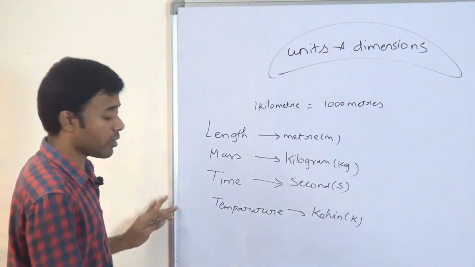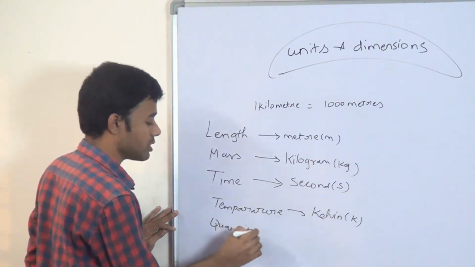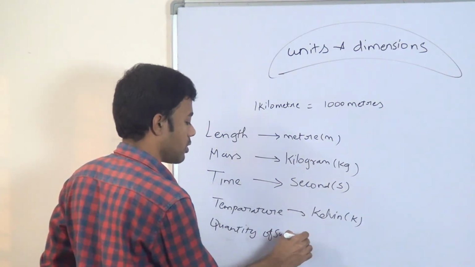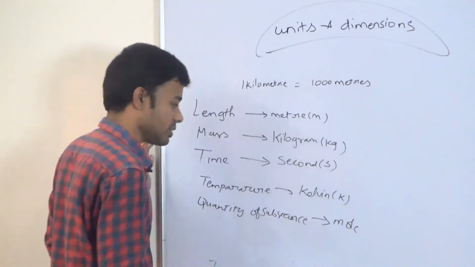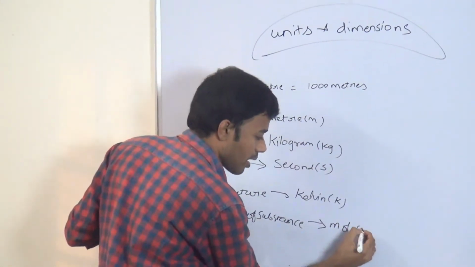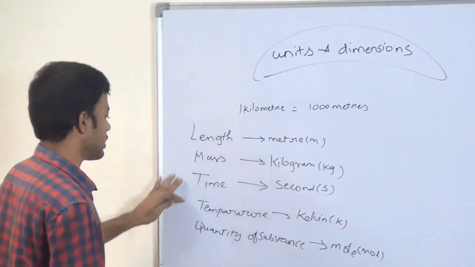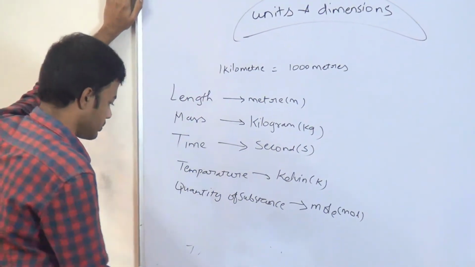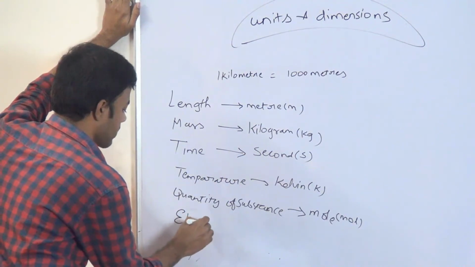Next you have quantity of substance, which is indicated in terms of moles, simply indicated as mol. Next we have electric current.